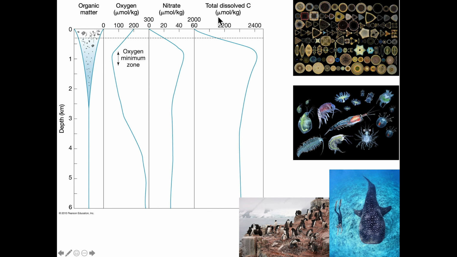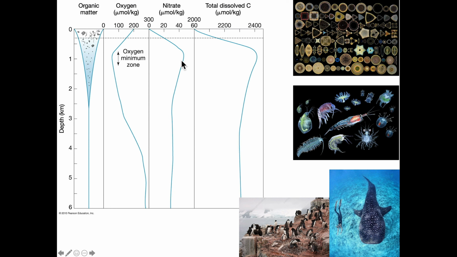If we look at total dissolved carbon, again in micromoles per kilogram, we can see that the amount of dissolved carbon goes from comparatively low in the surface waters, 2,000 micromoles, to around 2,400 micromoles per kilogram at the oxygen minimum zone.